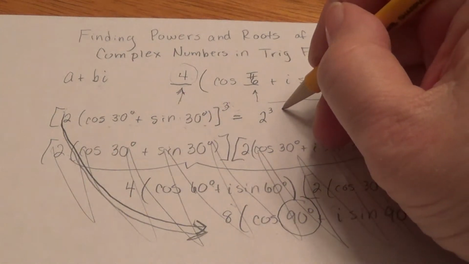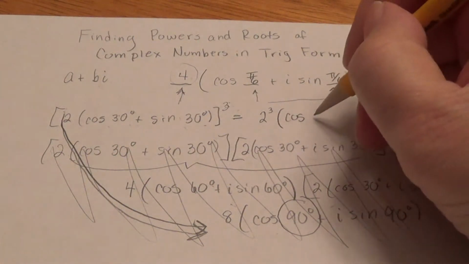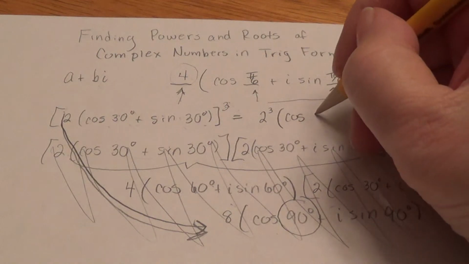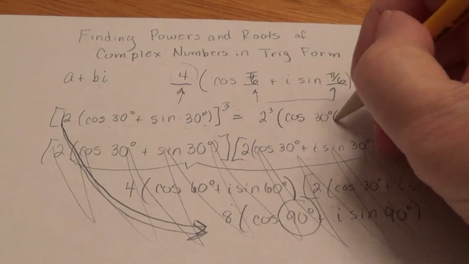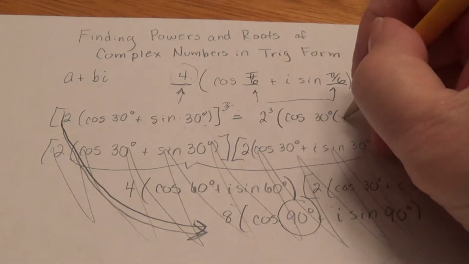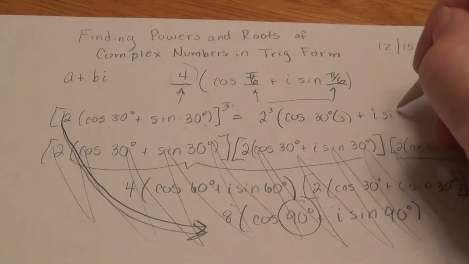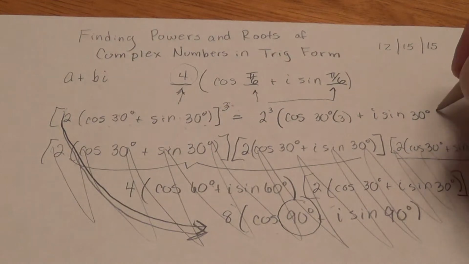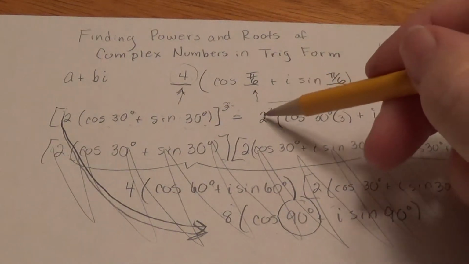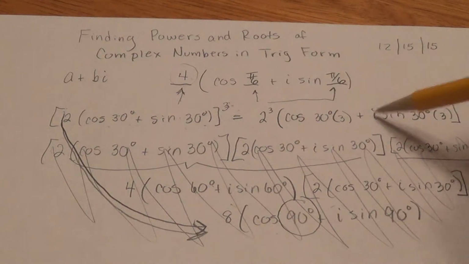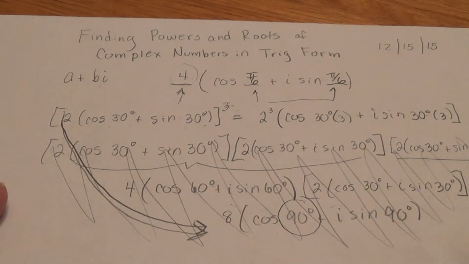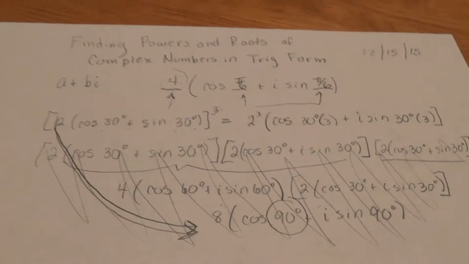So we have cosine, and when we get to this spot, we're going to take the angle and multiply it times the power that we're raising this number to. So you can see from that we're going to get 8 cosine 90 plus i sine 90, which is what we got down here.